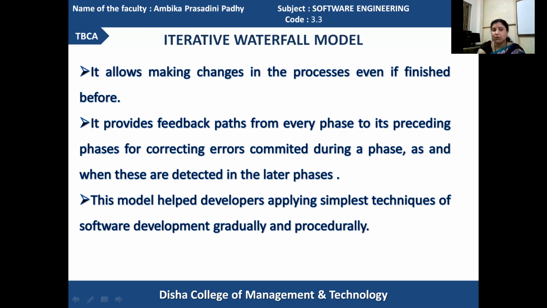Once the feasibility work is over, the product is started for development. Once development has started, there is no way we can go back to the feasibility part, because there we have the possibility to confirm or reject the project. Confirmed means we cannot go back in the iterative waterfall model.